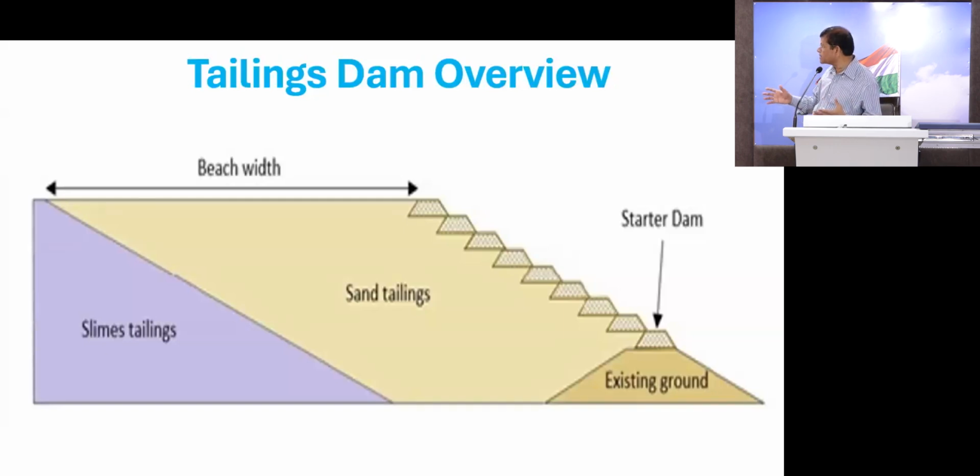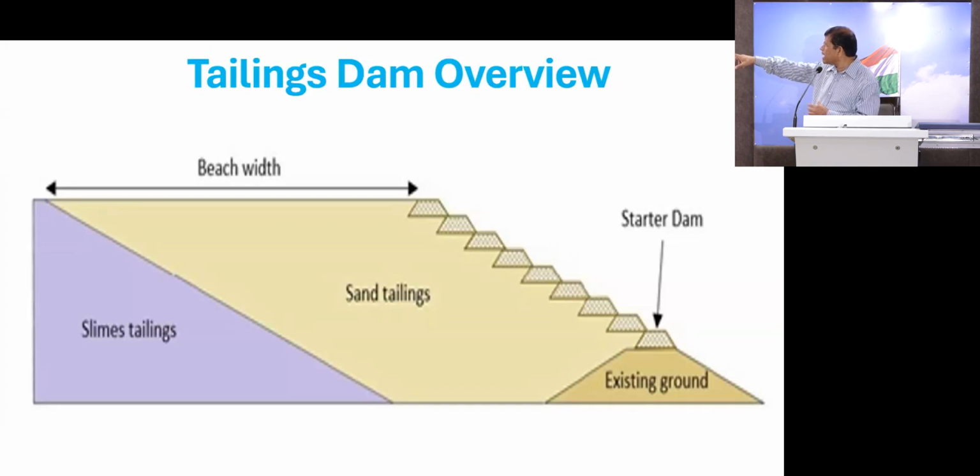So the sand tailings are mostly fine sands, where the slimes are mostly clay or silt kind of particles. They are more fines with less strength, while the sands have a little more strength. The sand tailings are the ones we use to start a new structure. So like that we go.